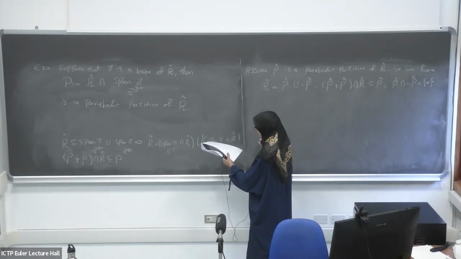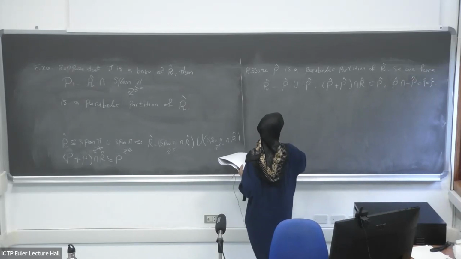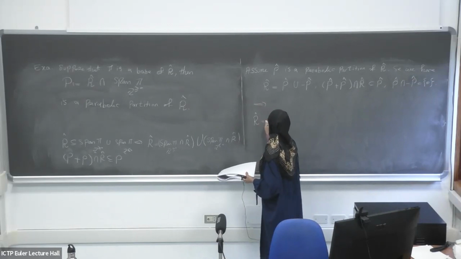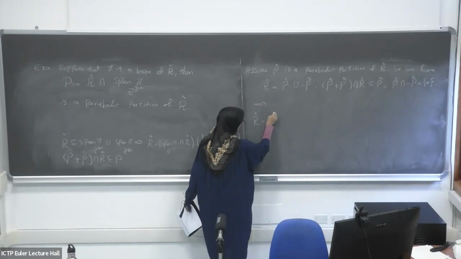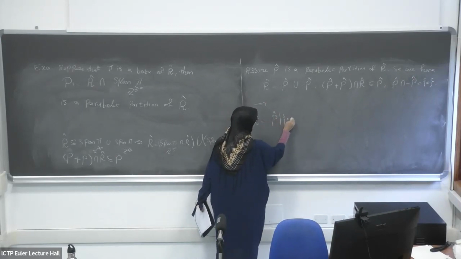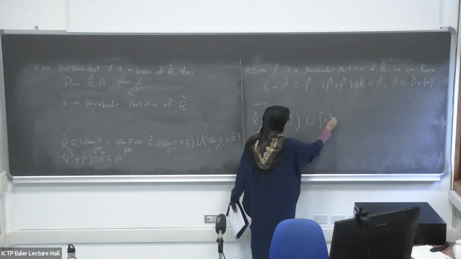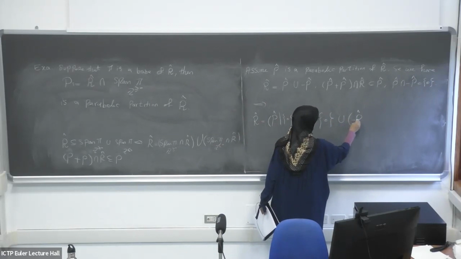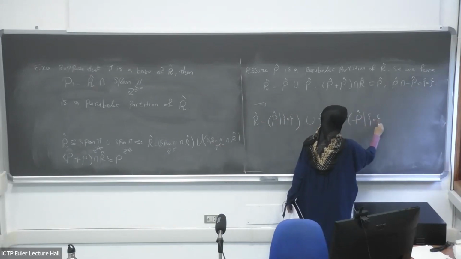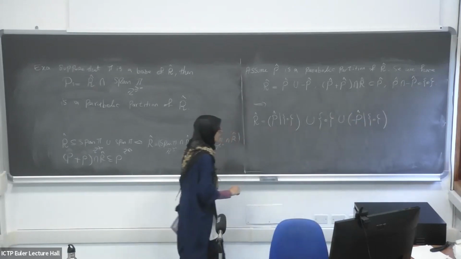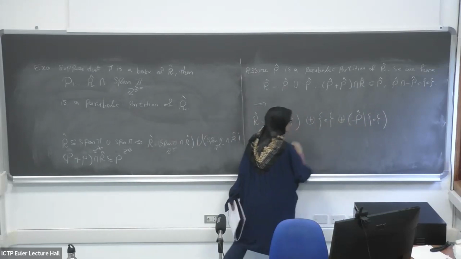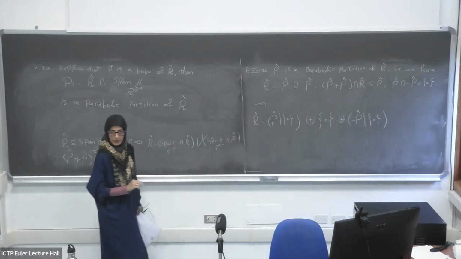It implies that R hat is the disjoint union of P hat minus 0, 0, and minus P hat minus 0. We have such a decomposition, and these decompositions are disjoint. Okay?